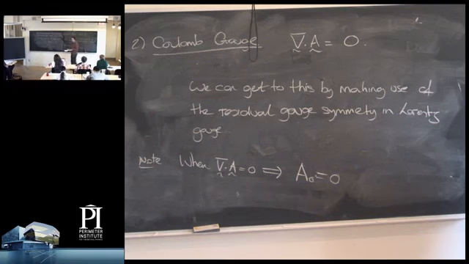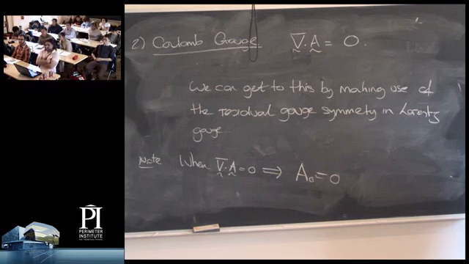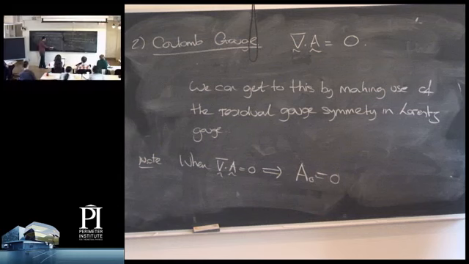So there's only one solution, because what you've got left are things that have to obey grad squared lambda equals 0. But now there's no minus signs coming here. This is really just the Euclidean Laplacian, and that was a minus sign.